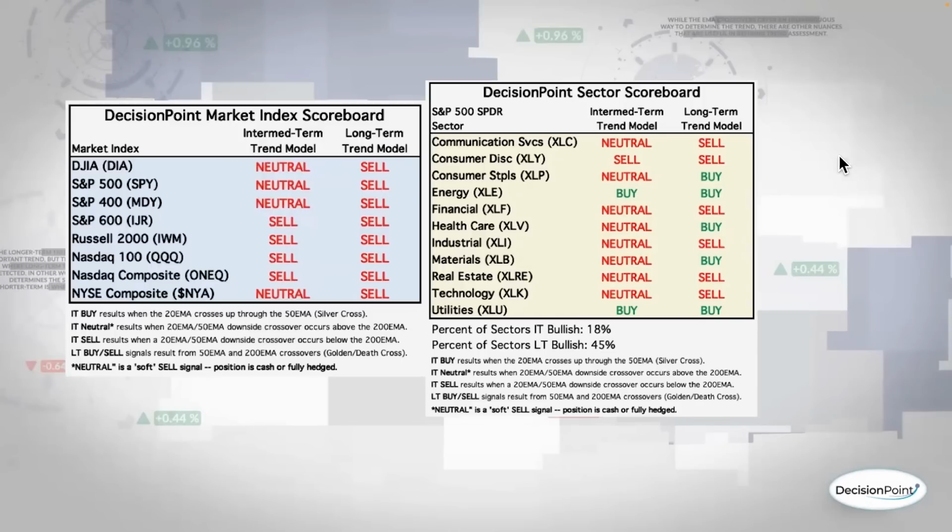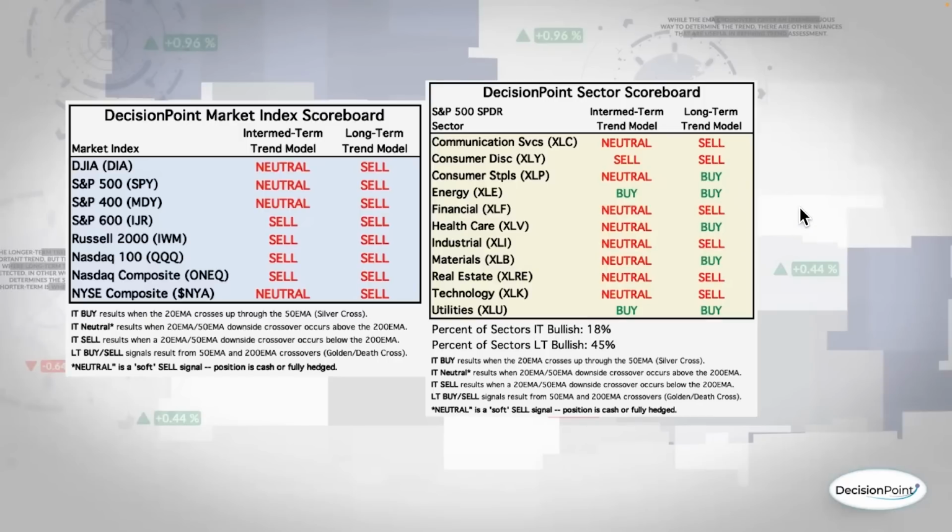And as far as the sectors go, we still have a little bit of green left, certainly on energy, which has been the big winner. But then you look at the others and we have healthcare, utilities, materials, consumer staples. These are all somewhat defensive areas of the market, particularly consumer staples and utilities and healthcare to some degree.